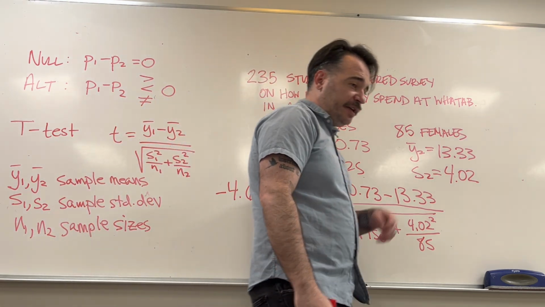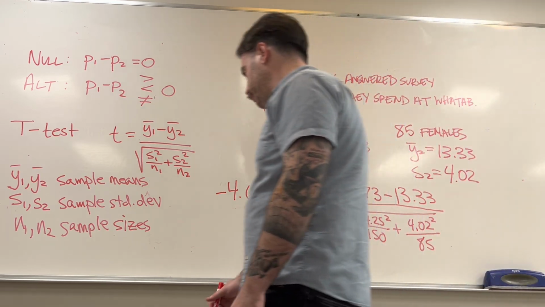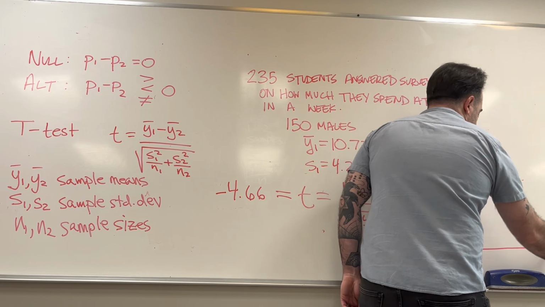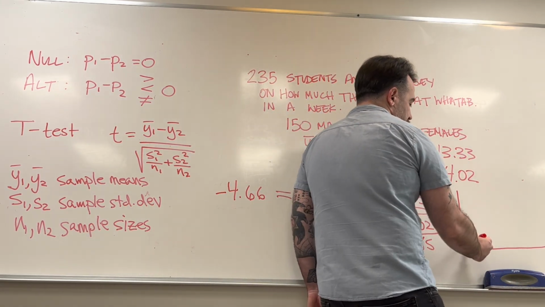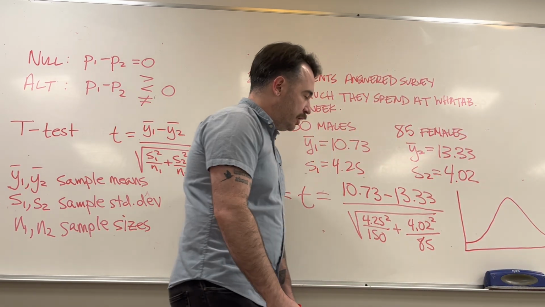And that is very significant. So if we want to make some sense out of that number, what we would do is take a t-distribution. Remember, it's just like a normal distribution, except it's a little bit shallower.